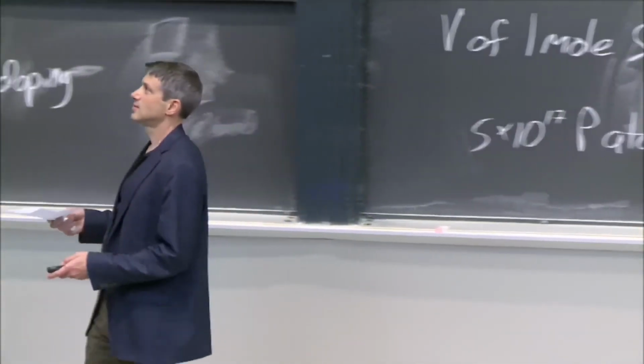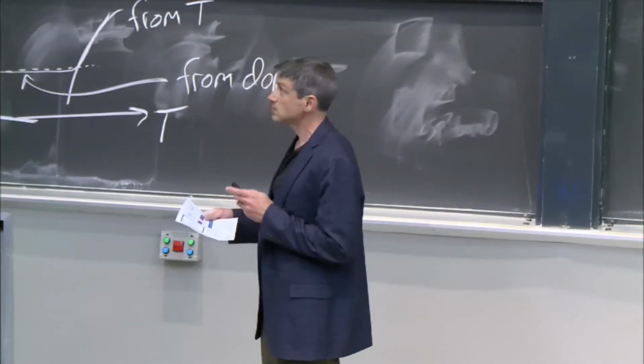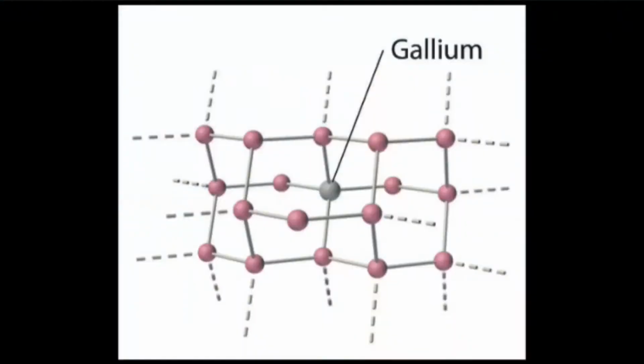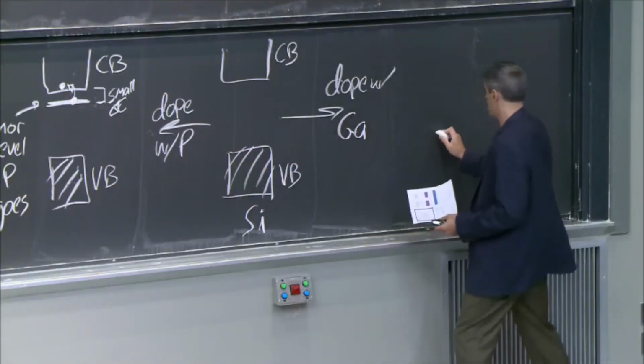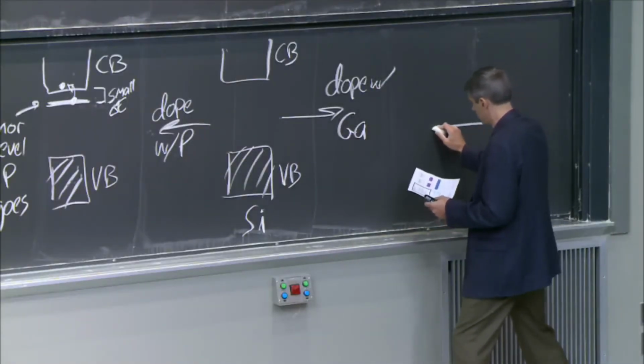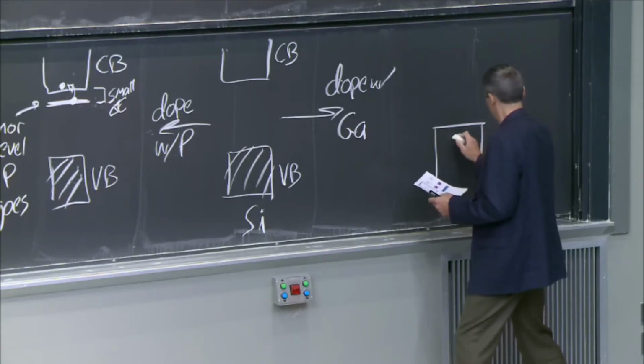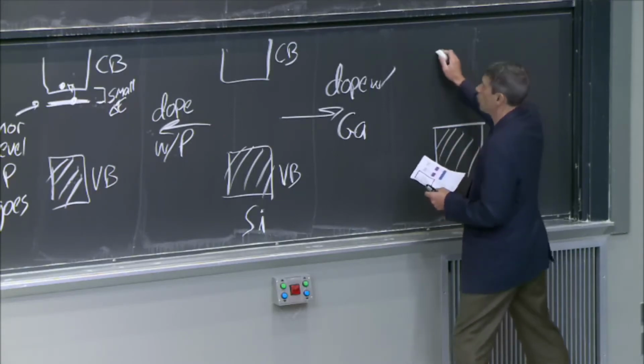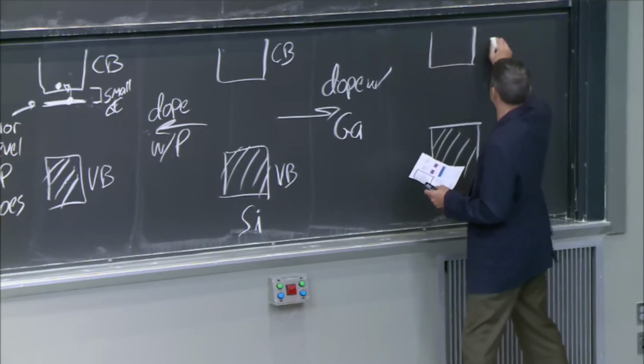Slack. Okay. Now, you can do the same thing going the other way. If I dope with gallium, gallium has 1 too few electrons.